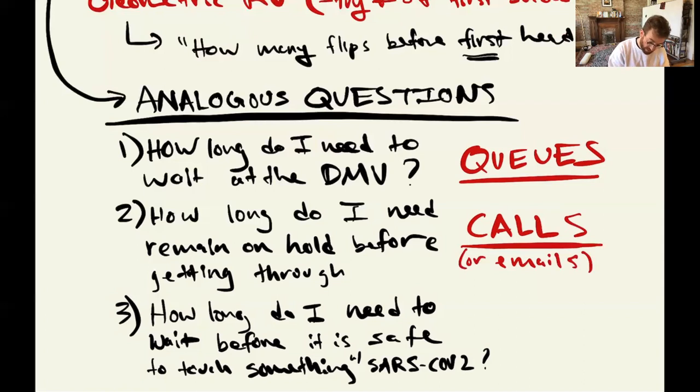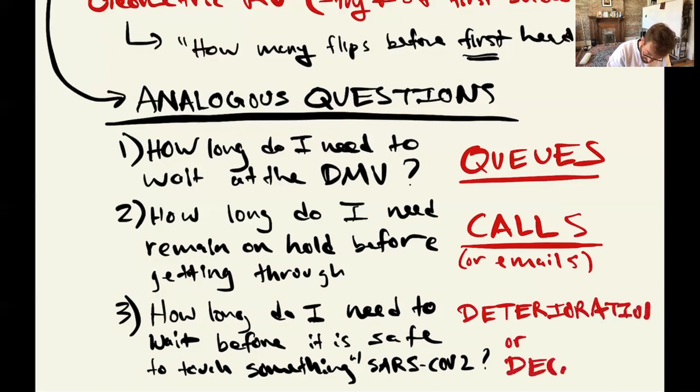Or alternatively, we could think of any sort of deterioration process, or decay, such as in radioactive decay. So these are the types of processes that we model using an exponential random variable. And you'll notice that in every one of these instances, the question is not how many, but rather how long, which indicates a continuously varying time, and thus why we're using continuous random variables.